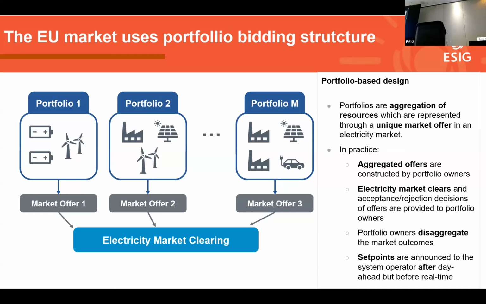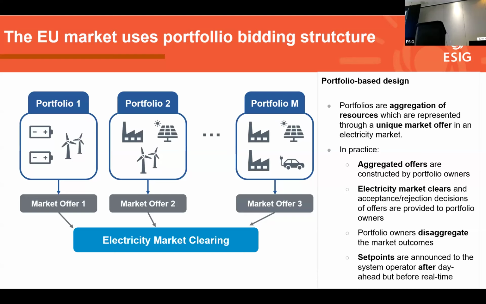Instead of doing two different market offers, it's going to aggregate those bids together, using some forecasts on how you can operate it, and create one offer that will be given to the market. And that can be with very different mixes. It really depends on what you can generate in practice.